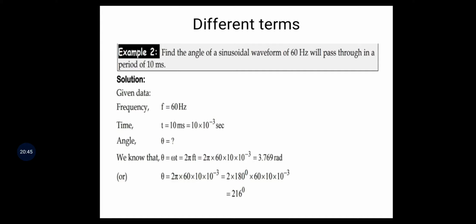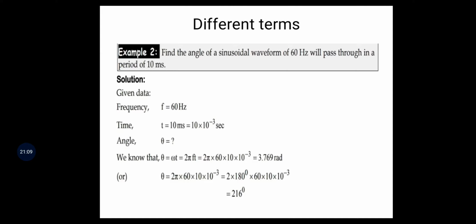Here are some problems we discuss on the basic definitions. Find the angle through which a sinusoidal waveform of 60 Hz will pass in a period of 10 milliseconds. So here we find the angle theta.